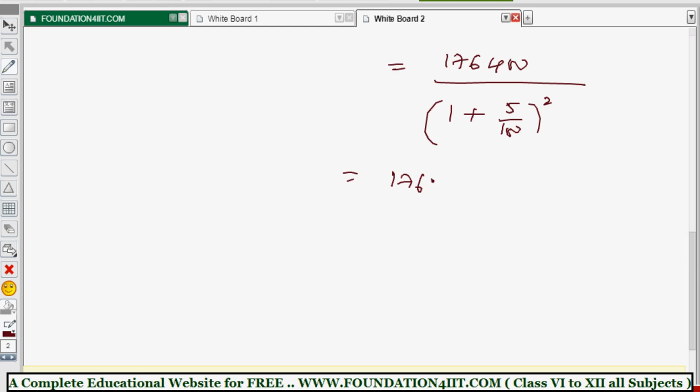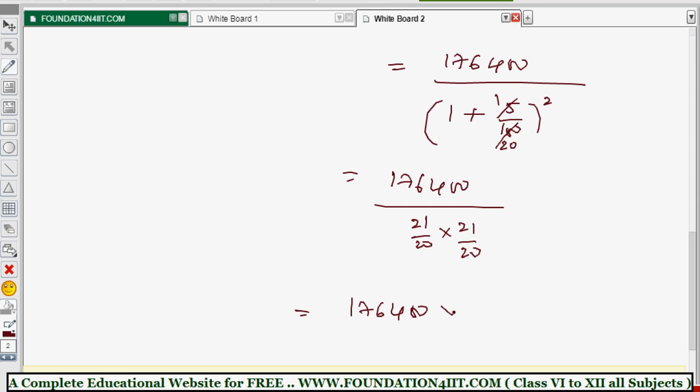1,76,400 by, we can cancel this, 5 ones are 5, 5 twenties, so 21 by 20 whole square, so 21 by 20 two times, and simplify this. 1,76,400, 21 by 20's reciprocal is 20 by 21 and 20 by 21.